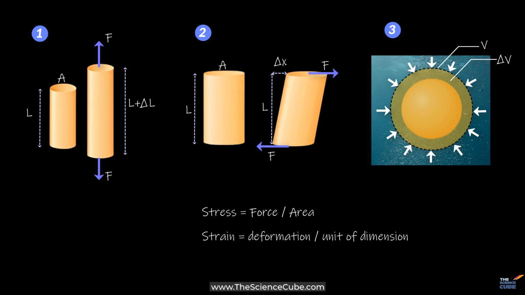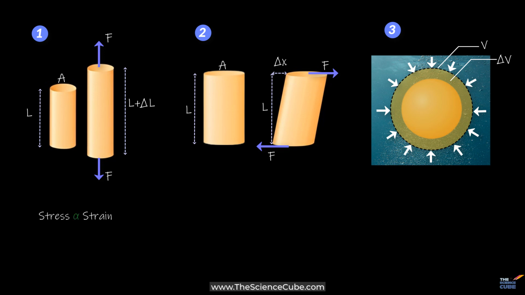But for most practical considerations in engineering, stress and strain are proportional to each other, and this constant of proportionality is called the modulus of elasticity. So that stress is equal to modulus into strain. Or in other words, for most ranges of deformation of a given object, the ratio stress by strain remains constant.